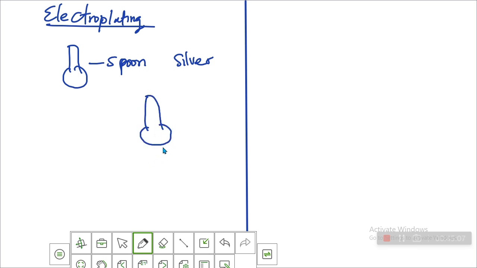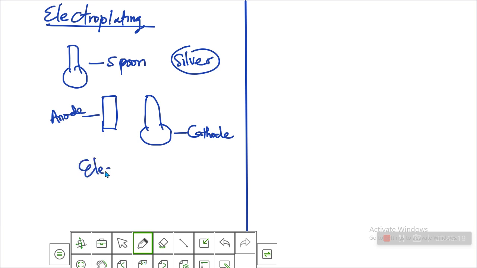You want to electroplate it with silver, then you will use your silver as the anode, while your electrolyte will be silver solution. I hope you get the logic. So this is how we electroplate.